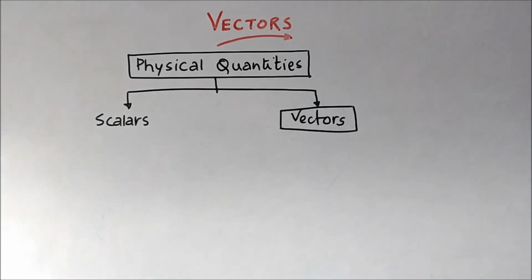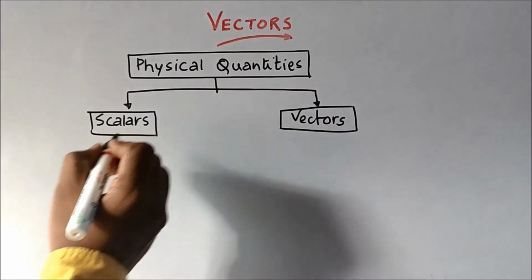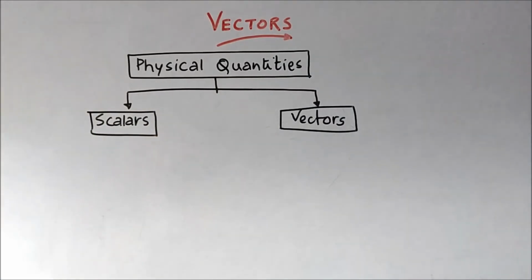Let us first understand what scalars and vectors are. Then you will understand on what basis these physical quantities have been categorized into scalars and vectors.